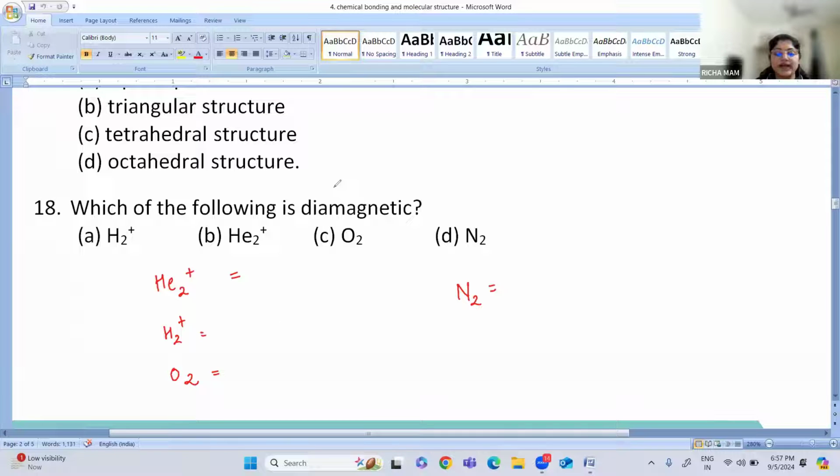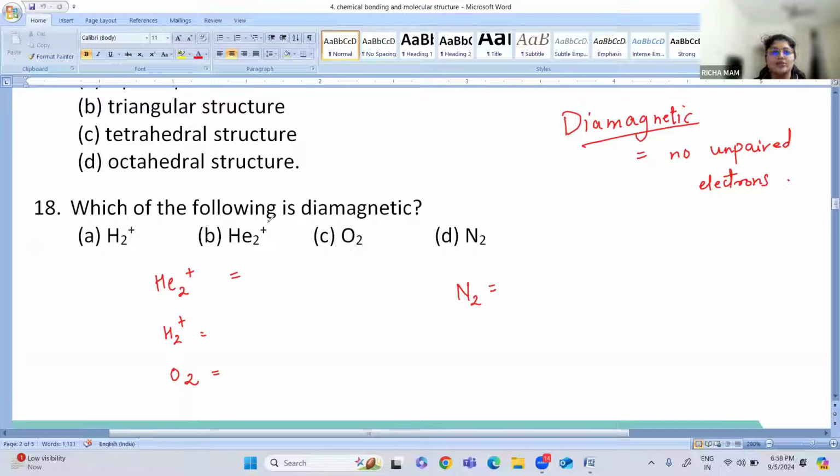Diamagnetic means what? No unpaired electrons. In diamagnetic, all are paired. Can anybody tell me which is the diamagnetic among the following?